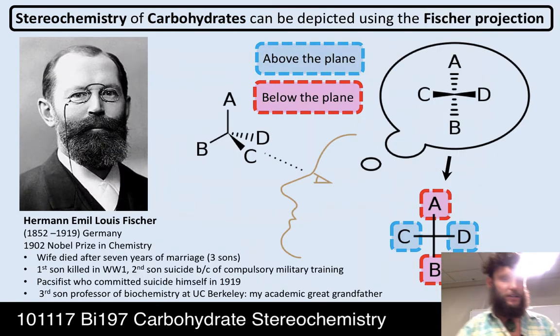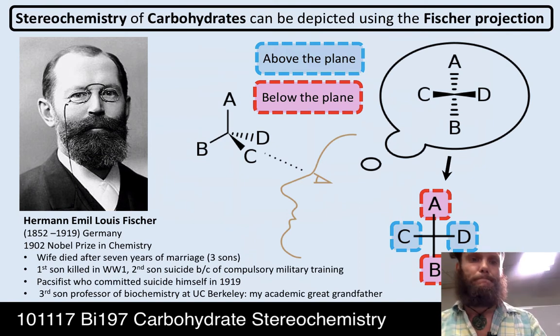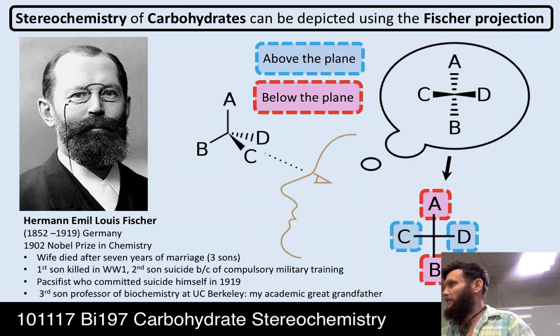Let's think about this. This guy here, named Emil Fischer, was thinking about this a lot at the end of the 19th century. He needed a way to depict this problem. He didn't have these things. There's a problem here, and he wanted to describe it.